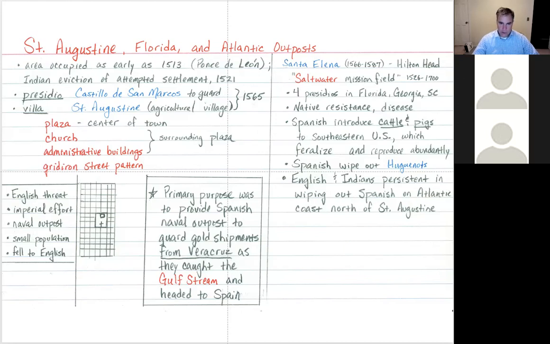Queen Elizabeth I was no friend of the Spanish. And this is when we begin to see the rise of privateering in the Caribbean and around the Gulf. And there had always been pirates, of course, because there were gold shipments coming out of Mexico.